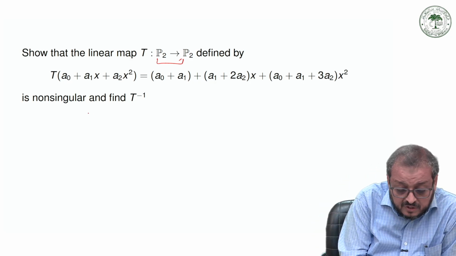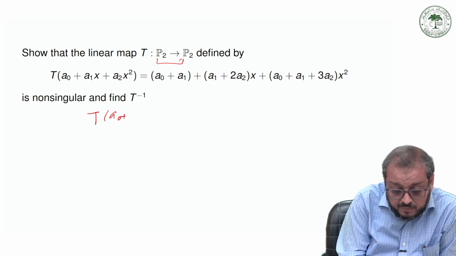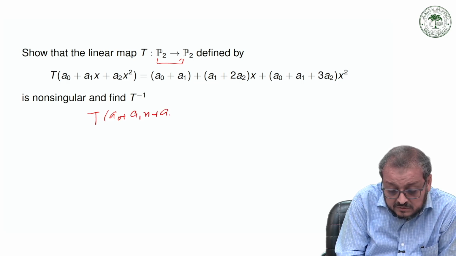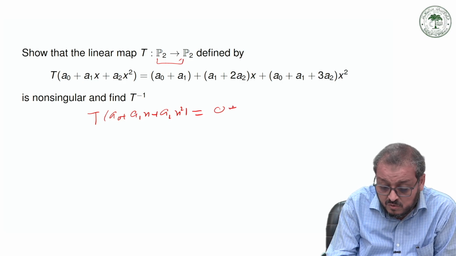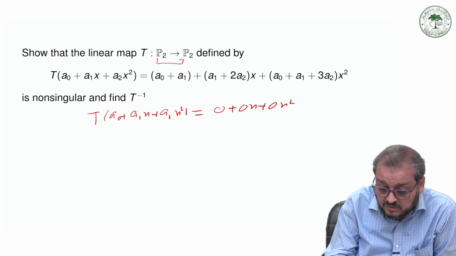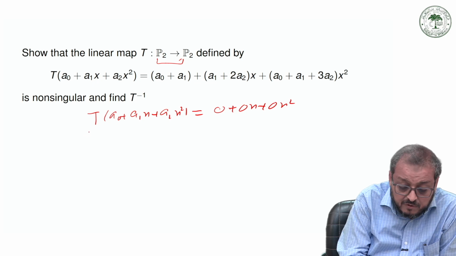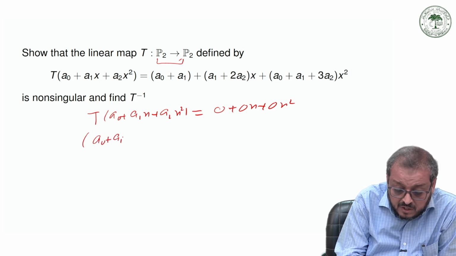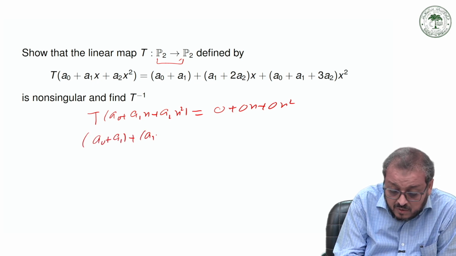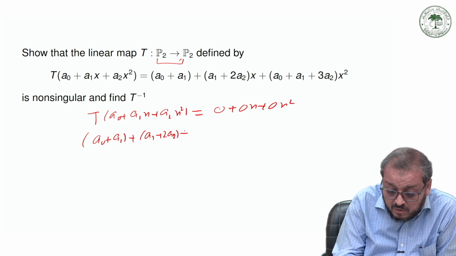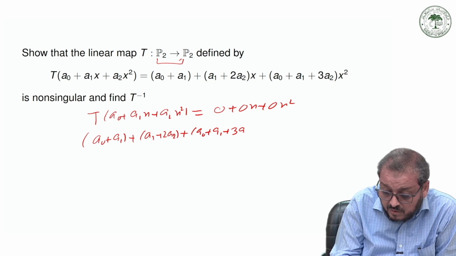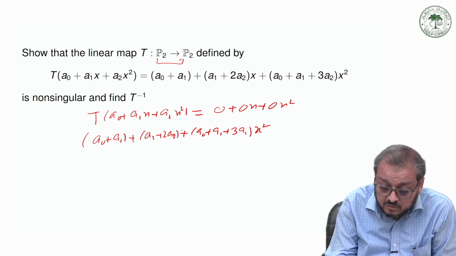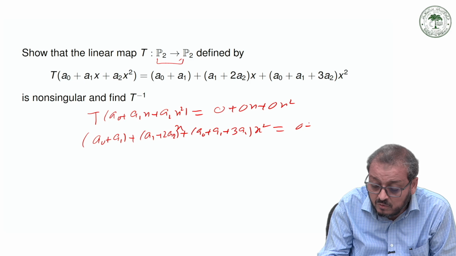So, kernel of T is equal to 0 means a naught plus a1x plus a2x square is equal to the zero polynomial, 0 plus 0x plus 0x square. Now this map is defined in the form of a naught plus a1, a1 plus twice a2, a naught plus a1 plus 3 of a2 x square, equal to 0.